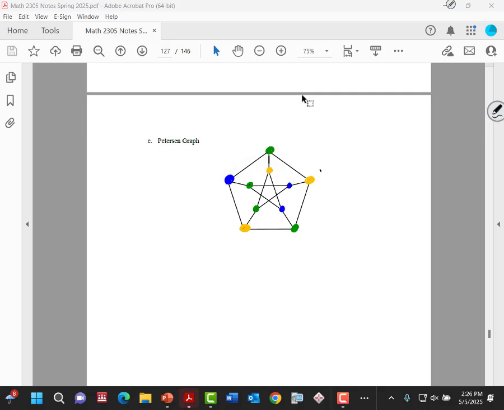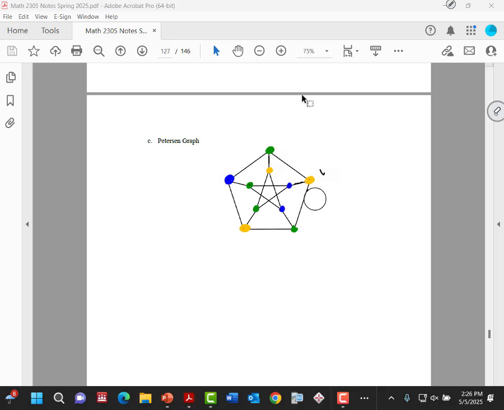What about this guy over here? I'll call him V2. My claim is that this orange one is not connected to any other adjacent oranges. There's a green and a blue. So my claim is that no two adjacent vertices are the same color.